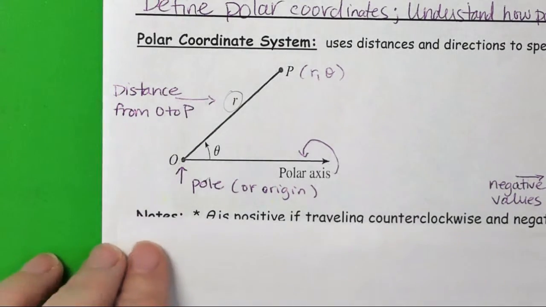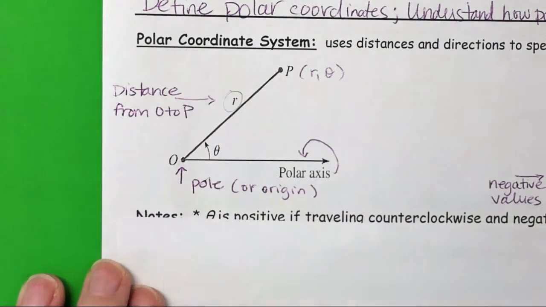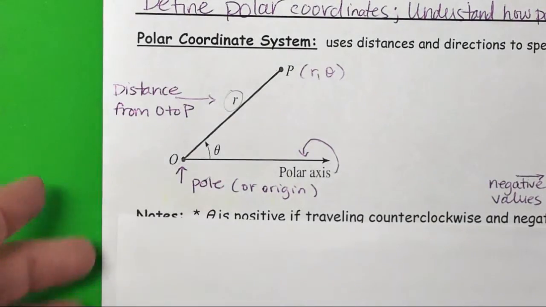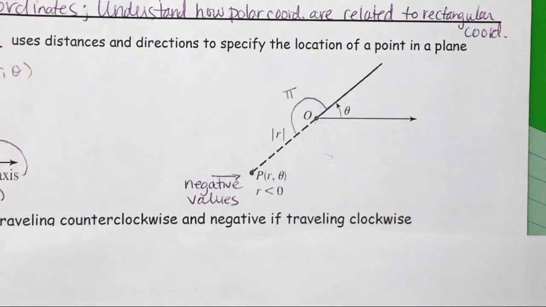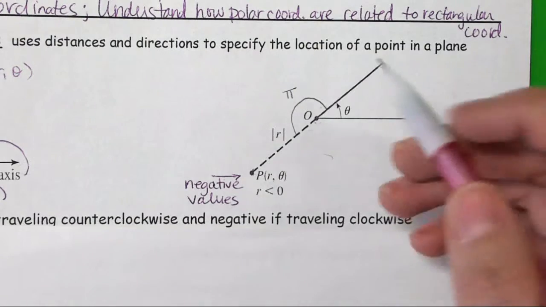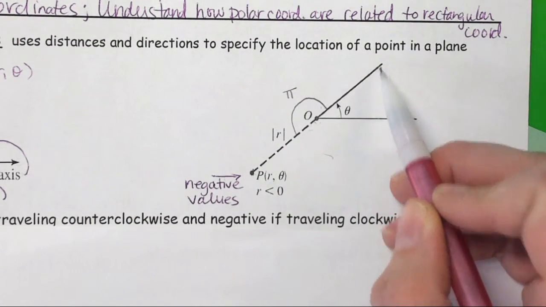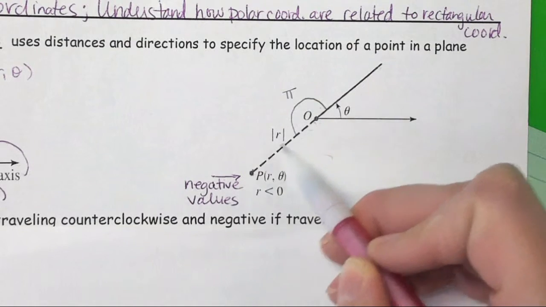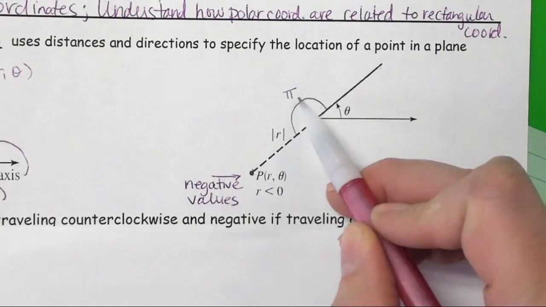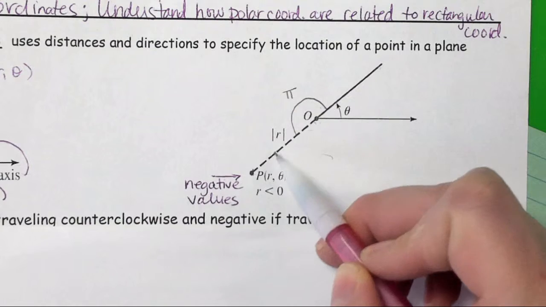Okay. So this is if you have a positive r value, for if r is greater than 0. Now if r is less than 0, then notice that you are going to have this dashed line component. So anytime it's positive, it would be going towards your theta if you had a positive r value. If you have a negative r value, it's going to be going pi radians away from that.